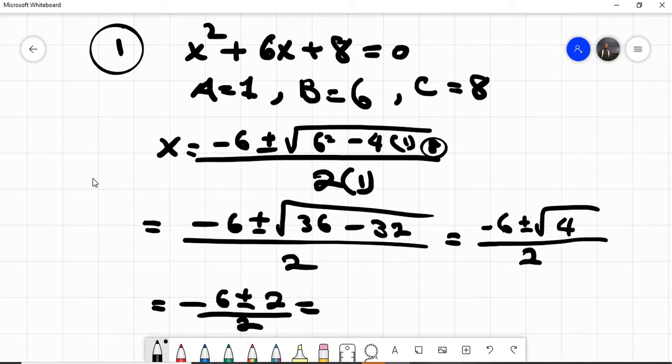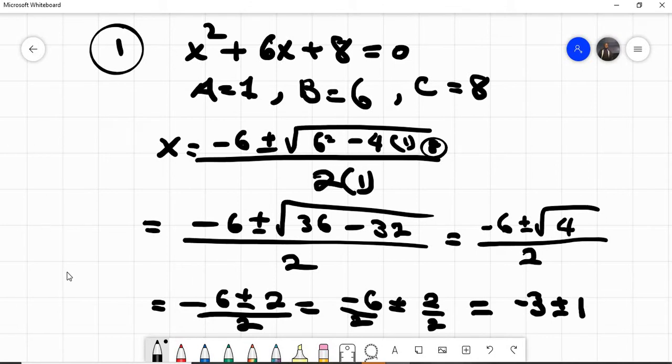Each one we can divide if we want, so it's going to be minus 6 divided by 2 plus or minus 2 over 2. Then minus 6 divided by 2 is going to be minus 3, plus or minus 2 divided by 2, which is 1.